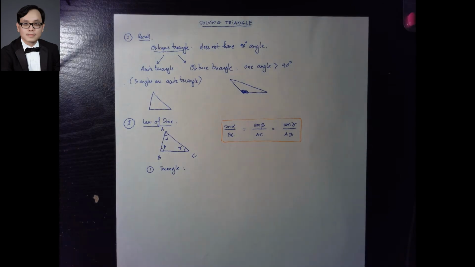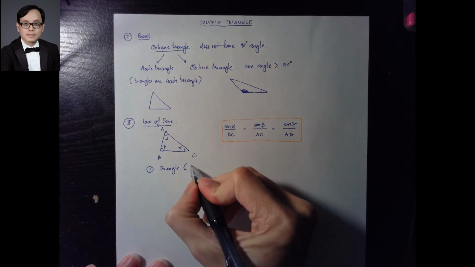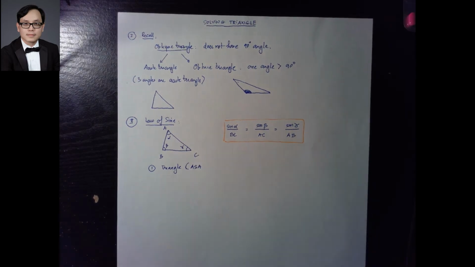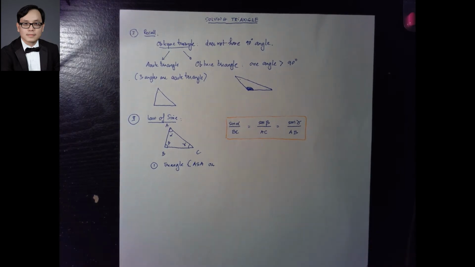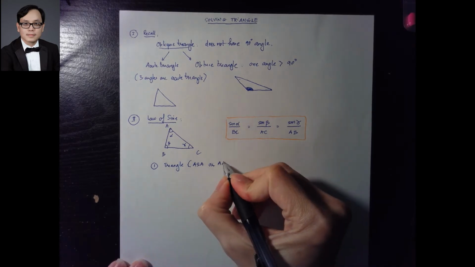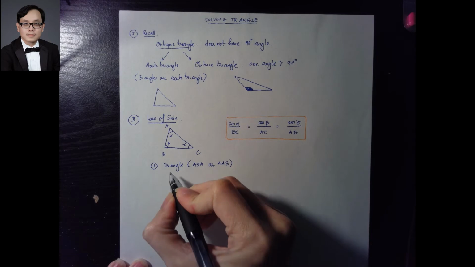When you have a triangle that's given an angle, a side, and an angle, so we call that ASA. Or they are given angle, angle, side.